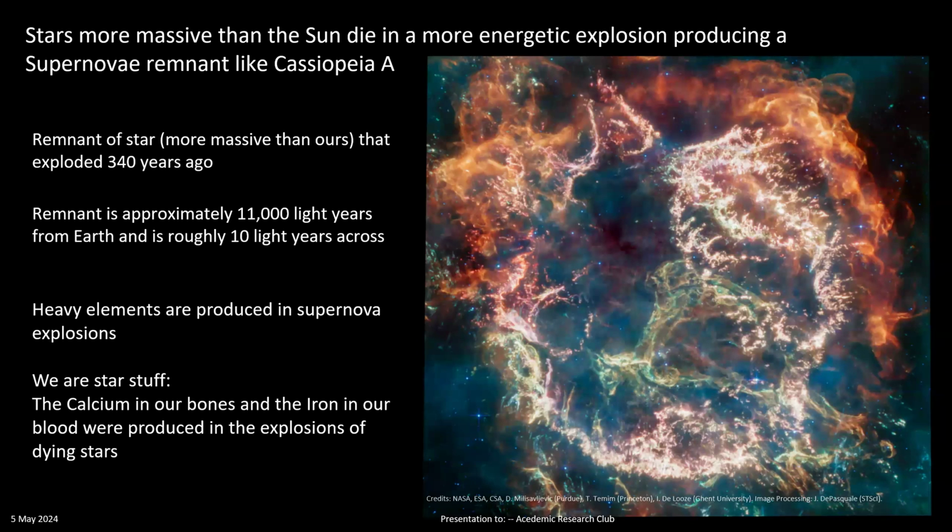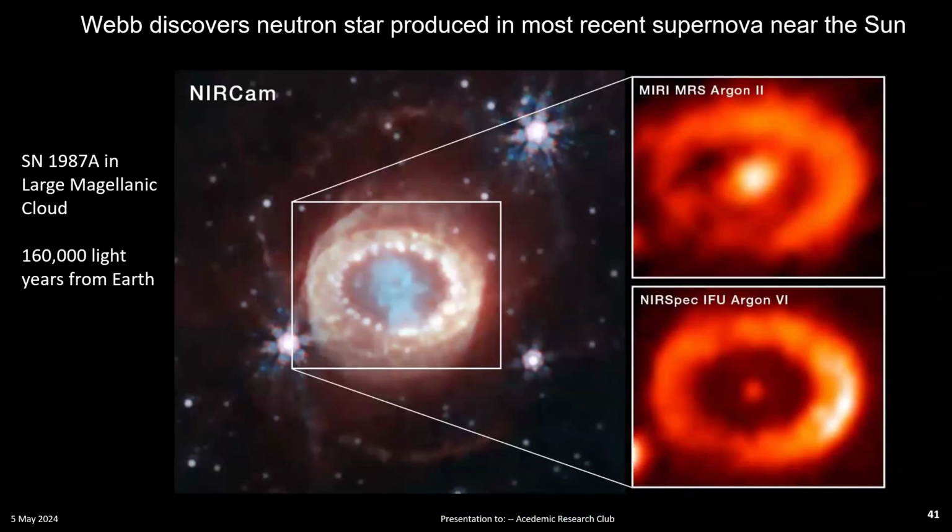These supernova remnants are of great scientific interest because all the heavy elements in the periodic table are synthesized or forged in these supernova explosions. So when you hear the statement, "We are star stuff," it's literally true. The calcium in our bones, the iron in our blood, the gold and silver in our jewelry were made in supernova explosions near the Earth.